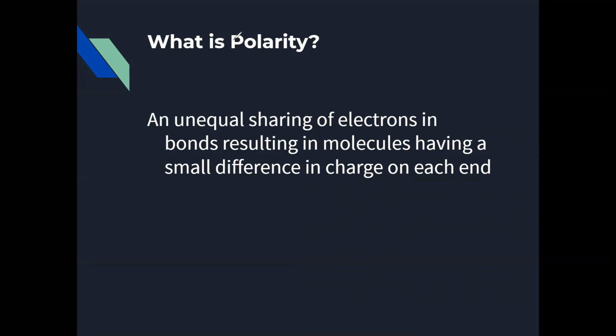So let's talk a little bit more about polarity and why. Polarity is an unequal sharing of electrons in bonds that results in molecules having differences of charge on both ends. So those poles that I was talking about, okay?